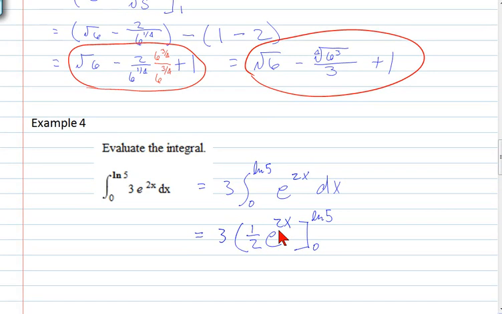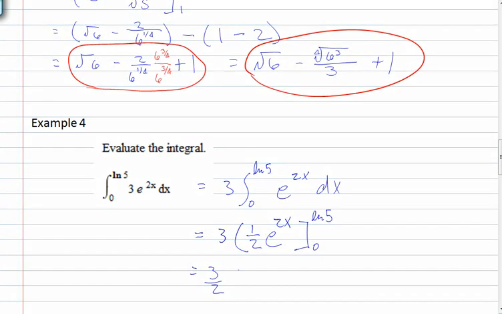And that's one of your rules on the list of rules for antiderivatives that was back in, I don't remember what section. You divide by the constant in the exponent. All right, so now we have to evaluate this integral because we were asked to find the value of the definite integral. And I'm going to pull that half out because it's just a constant.